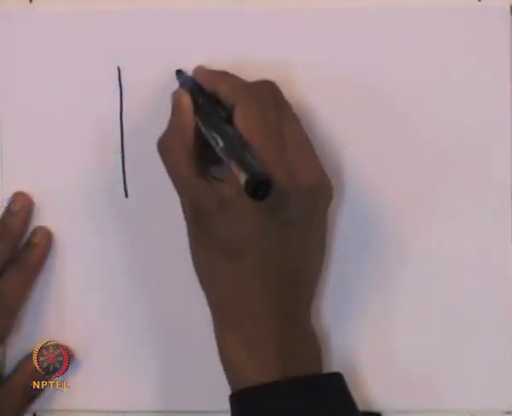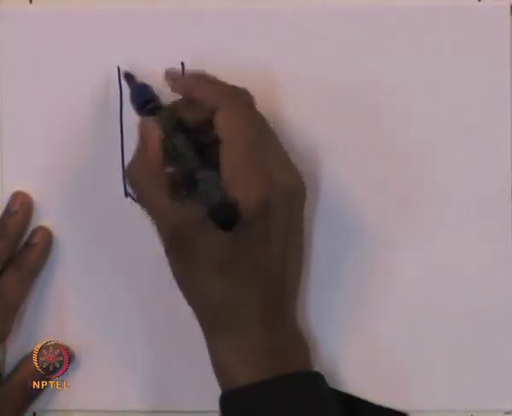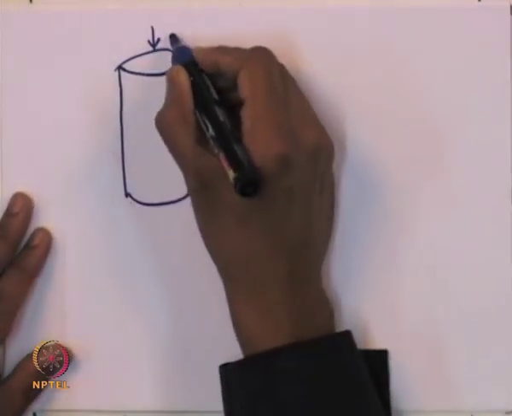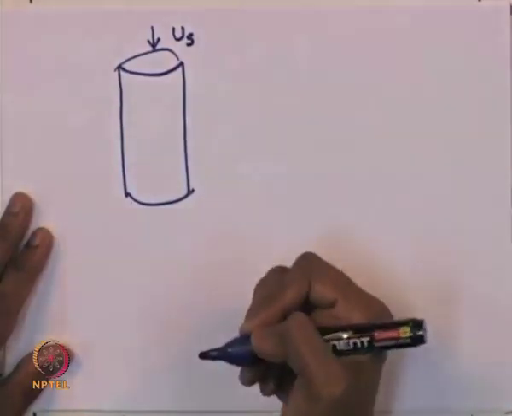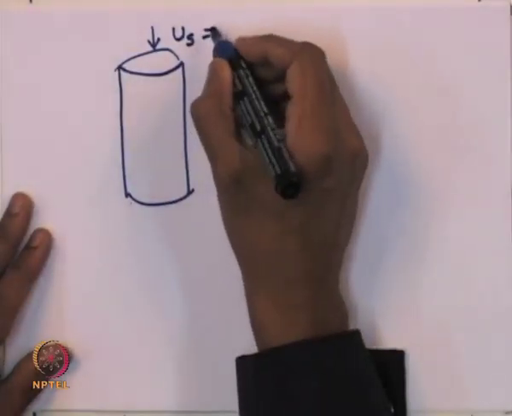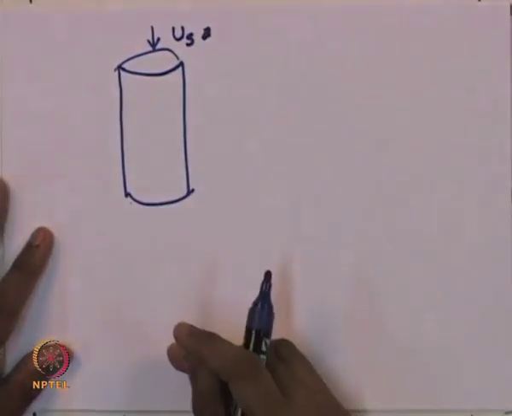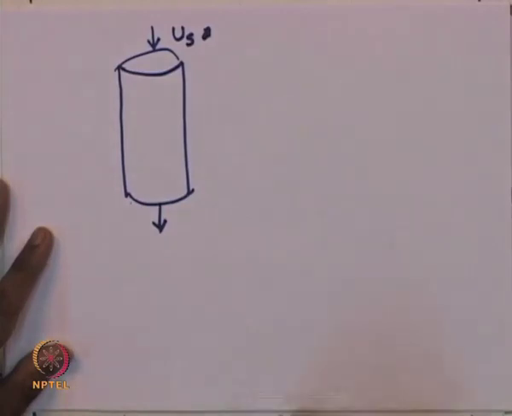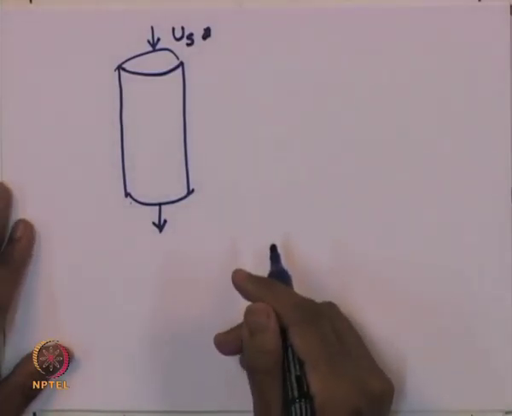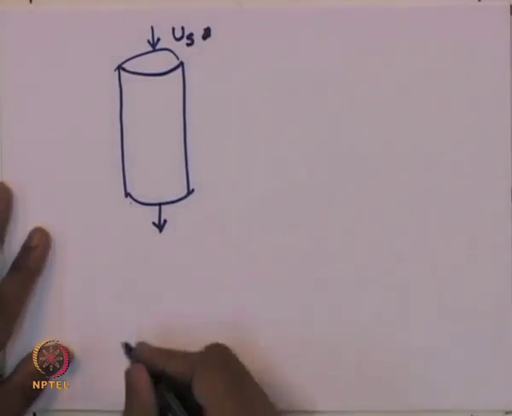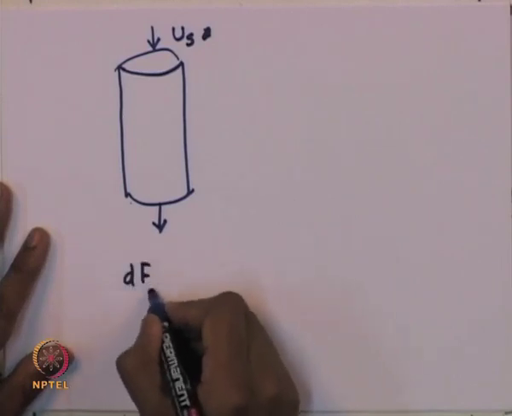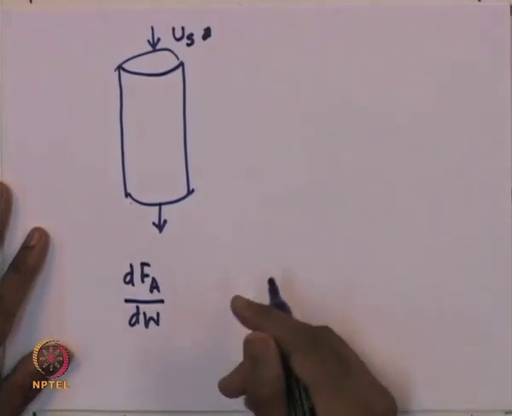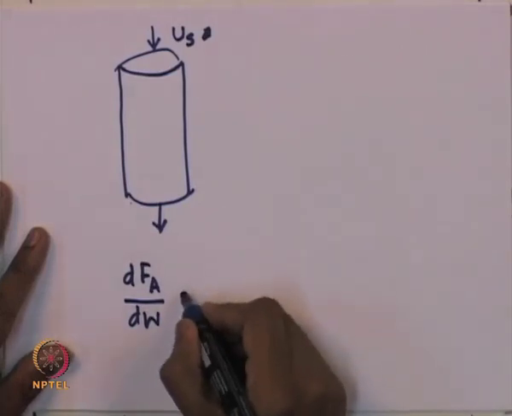Suppose this is my reactor, and the catalyst enters the reactor at a rate of Us, that is the mass of catalyst per unit time, and leaves at the same rate. Then one can write a molar balance and obtain an equation for the molar flow rate of the species as a function of the weight of the catalyst.